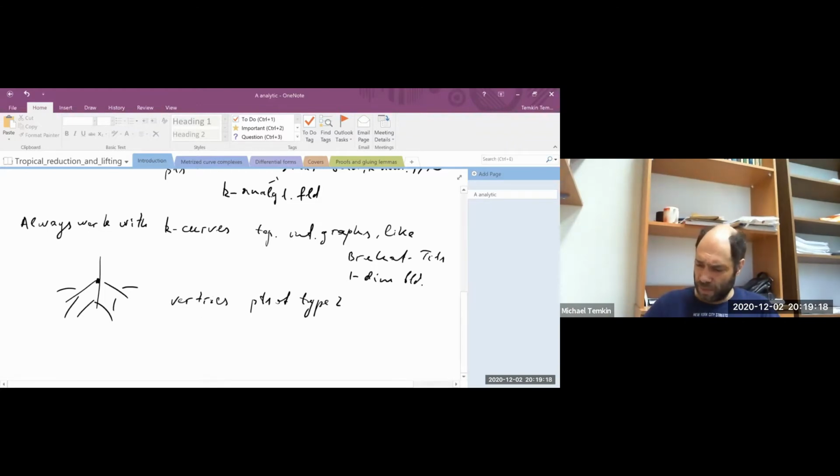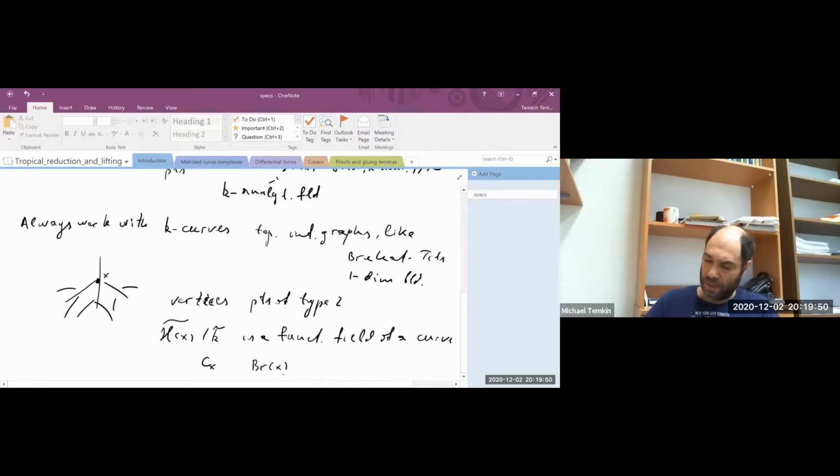And any such X satisfies that its complete residue field, if we take its residue field over K tilde, is a function field of a curve over K tilde, which I'll denote C_X. And in fact, the branching locus at X, all directions outside of X, this is precisely the set of closed points of C_X. So we'll use this a lot.